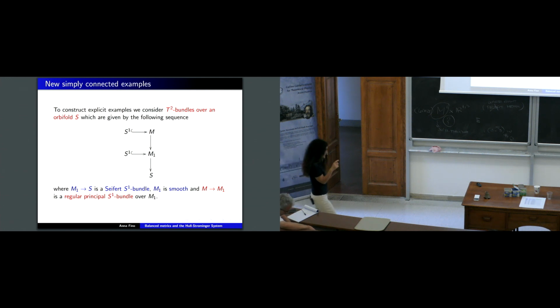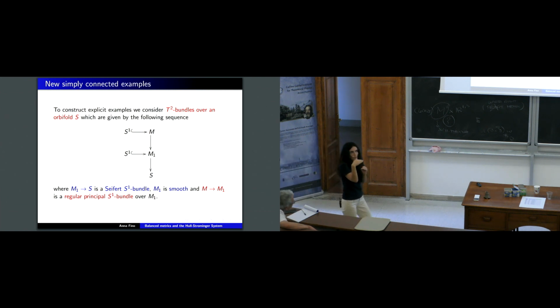So we choose, we'll see in a moment, a specific orbifold surface in the Yano-Fletcher list, but in fact, this is what our student is doing. You can work with other types of such K-free surface, and we'll see what we get. Anyway, we start with S, and then we take the Seifert S1 bundle.